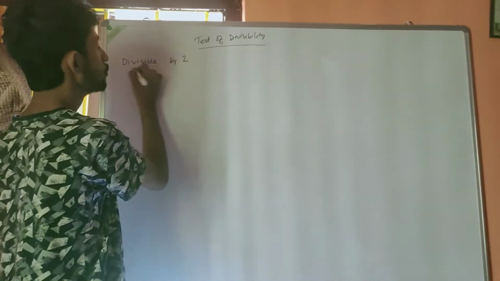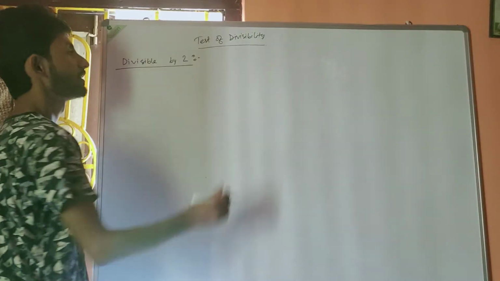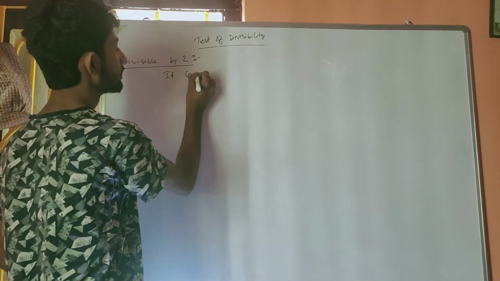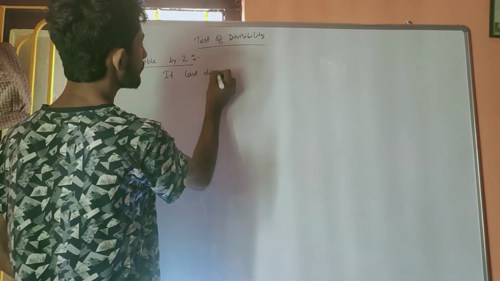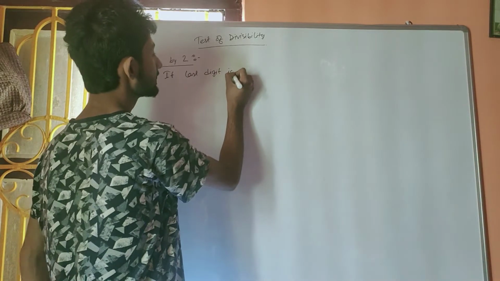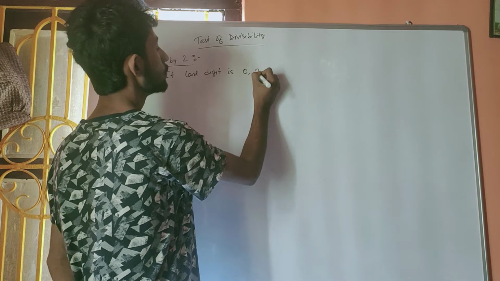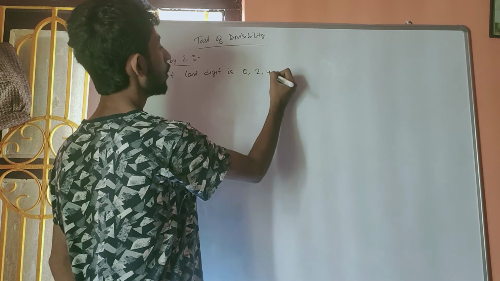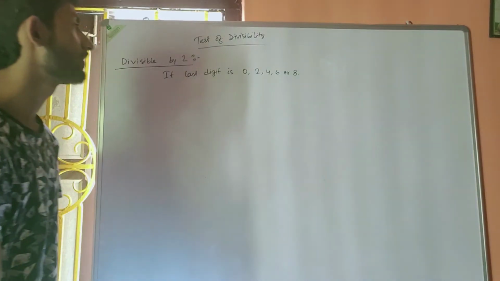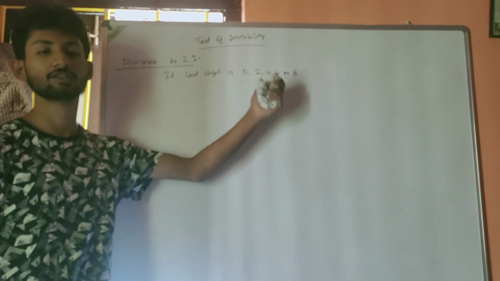First, the rule for divisibility by 2. A number is divisible by 2 if the last digit is either 0, 2, 4, 6 or 8.